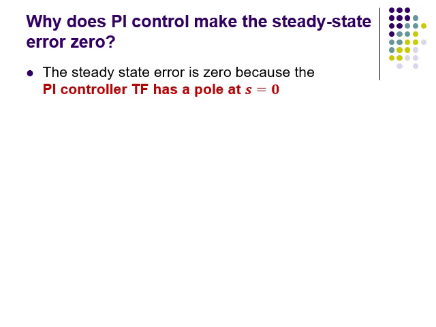So the transfer function, you can see, has an s on the denominator, and so it means the controller has a pole at the origin of the complex plane. So this is the key characteristic of the PI controller transfer function.